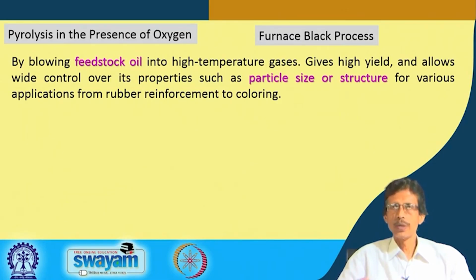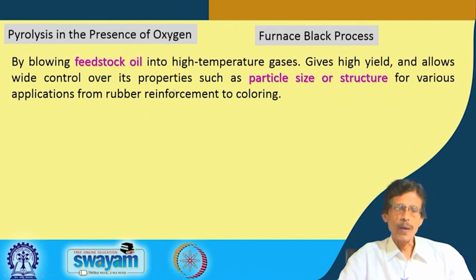If we want to get a particle size of 50 nanometer or 60 nanometer by this particular process, once the process is standardized, because standardization of that procedure is important to get a particle size repeatedly. So, reproducibility: when that procedure is standardized, you can go for that process with closed eyes, and you will be able to get the same product, the same particle size and the same structure.